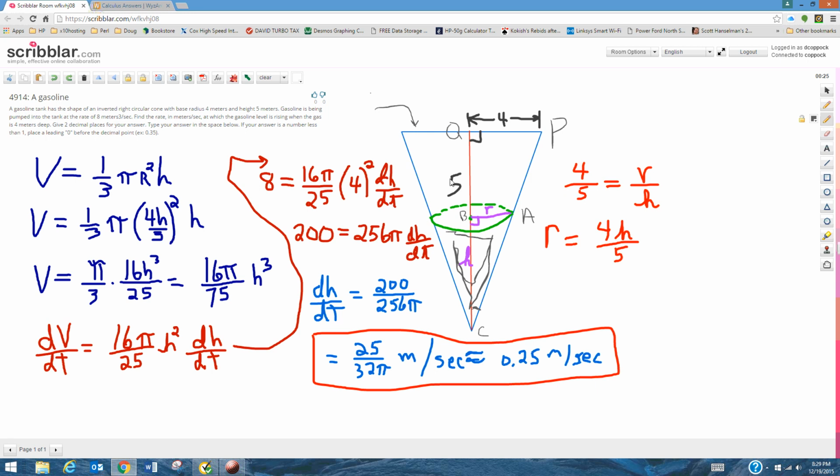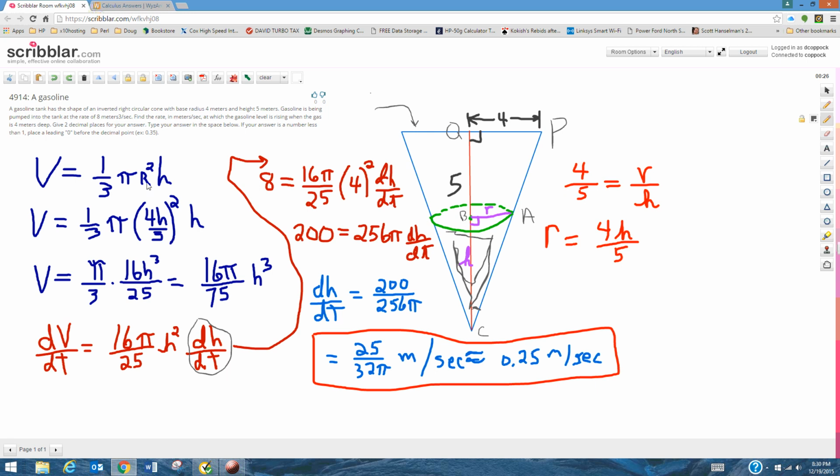So now remember that as we move over here to talk about the formula for the volume of the gasoline at any given point in time, we're using the formula volume equals 1/3 pi R squared H, the formula for the volume of a right circular cone. And the key is that we want to get this down to a function of H, so that when we take the first derivative, we'll end up with the derivative of H with respect to time, which is what we're trying to solve for, this guy right here.